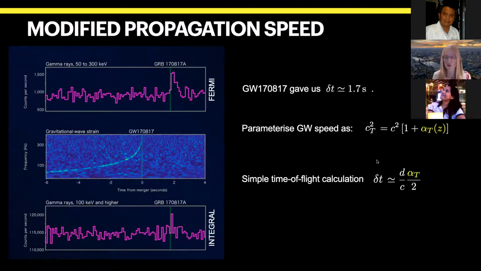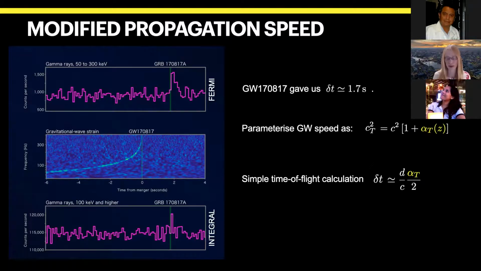Okay, so you can do a really simple time of flight calculation. Because the source was really nearby, it's nothing too complicated. And you'll find this expression relating the time difference in their arrival to the distance d, which is 40 megaparsecs in this case, and the alpha_T parameter.